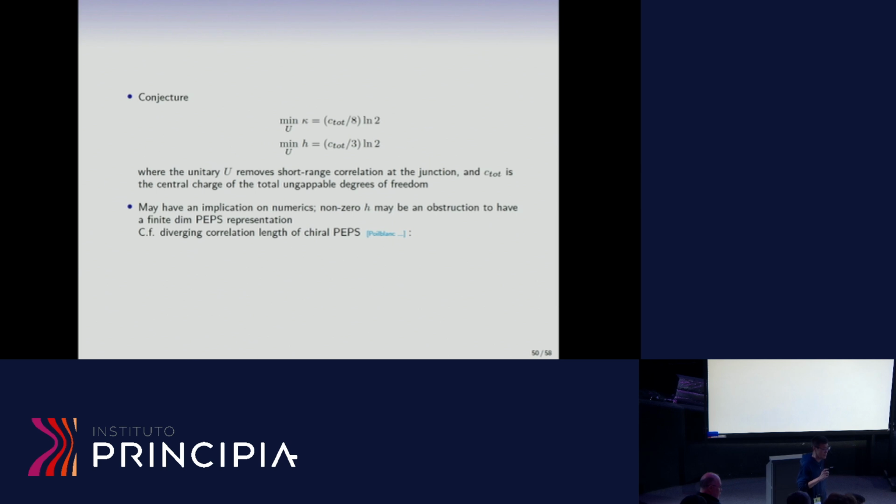So presumably some of these violations will be present there and not in the toric code, which has vanishing correlation length. Yes, toric code has zero central charge, but that's a separate question. Of course, we can study these systems where the correlation length is not zero. Presumably they will not saturate this bound. I do expect something like that. Yeah, question?